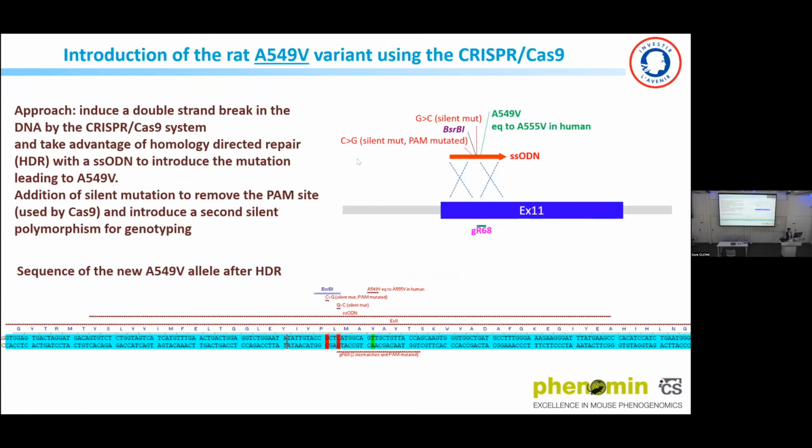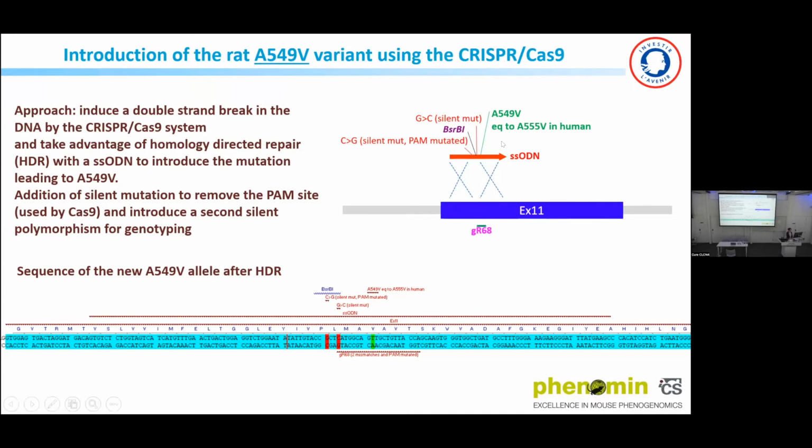This slide is quite mechanistic, and what the team of Jan Hero has done is they have used the CRISPR-Cas9 system for introducing the missense variant right here into rat exon 11, taking advantage of a repair mechanism called homology-directed repair, so that no nucleotides get lost.